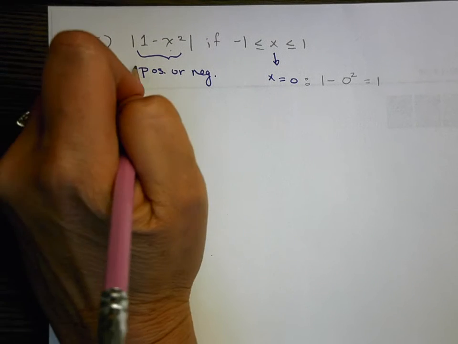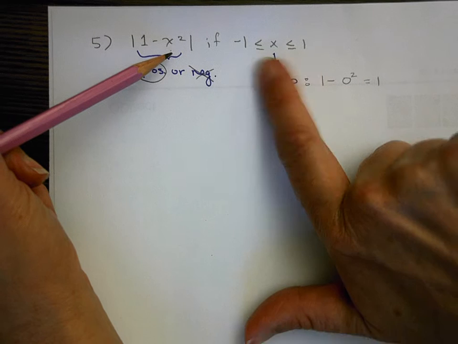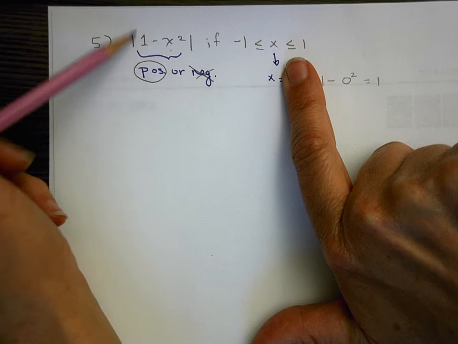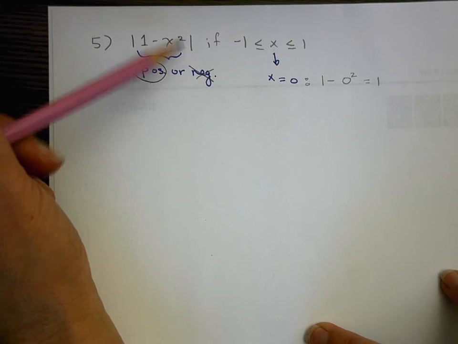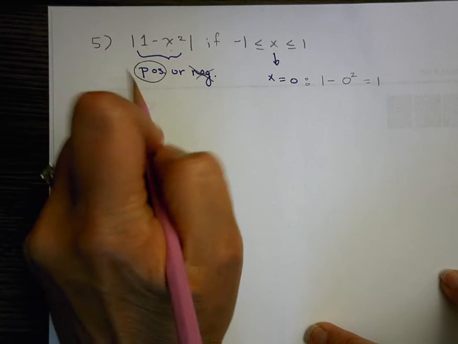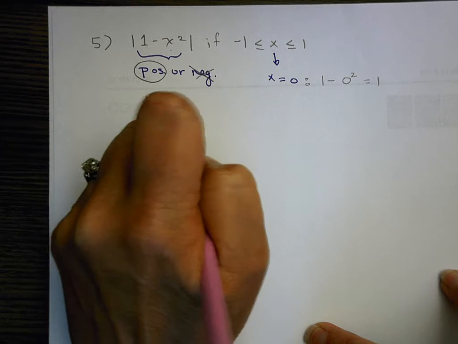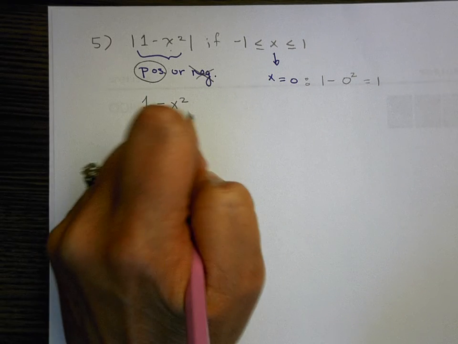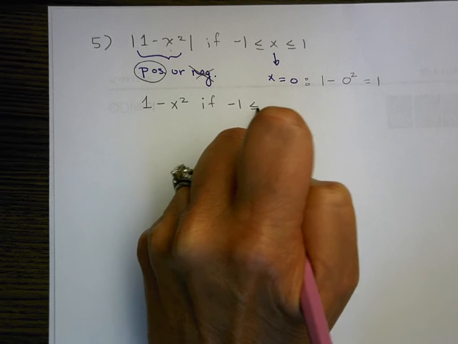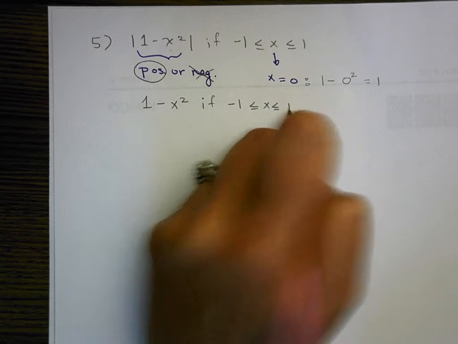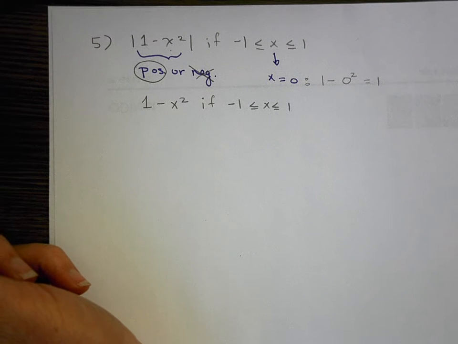So that means that if I were to choose any number between 1 and negative 1, this number inside of the absolute value would always be positive. So do I need absolute values around here? I don't. So for number 5, this would be 1 minus x squared, so I don't need the absolute value, but that's only true if the values of x are between 1 and negative 1.